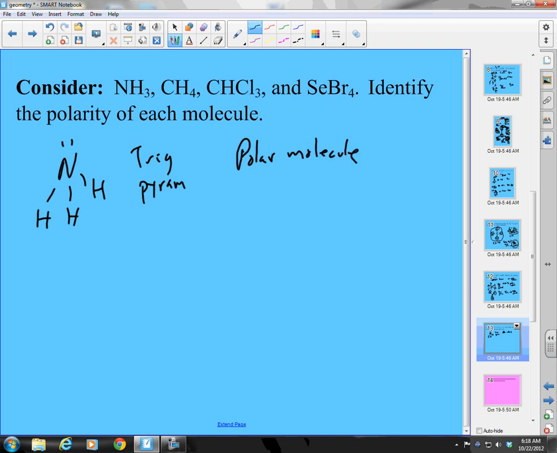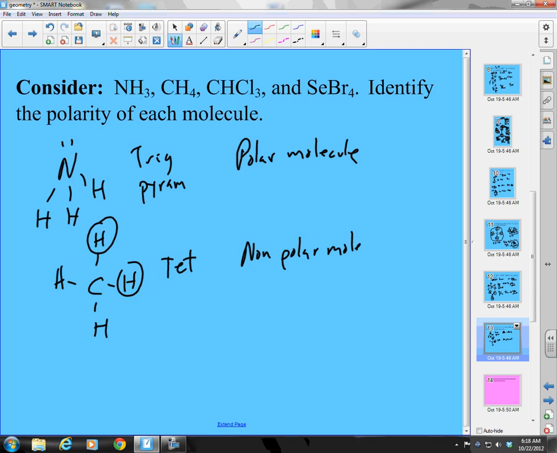Good. Carbon tetrachloride, or not carbon tetrachloride, this is methane. Methane looks like a 4-0. That means it's tetrahedral. I have the same atoms surrounding it, so this is a non-polar molecule. Wunderbar. Good.